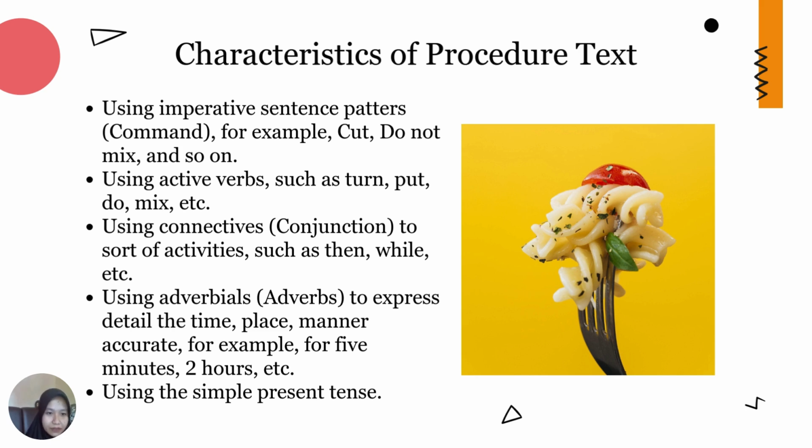They use action verbs, such as turn, put, do, mix, etc. And they use connectives or conjunctions to show the sequence, such as then, while, after that, next, and finally, etc. They use adverbials or adverbs to give more detail.